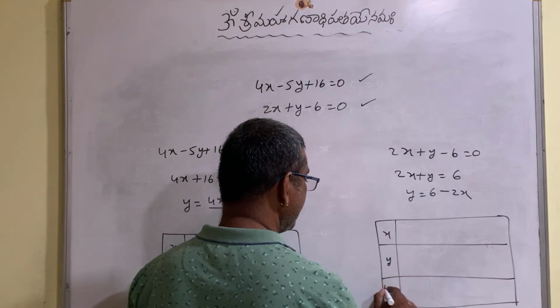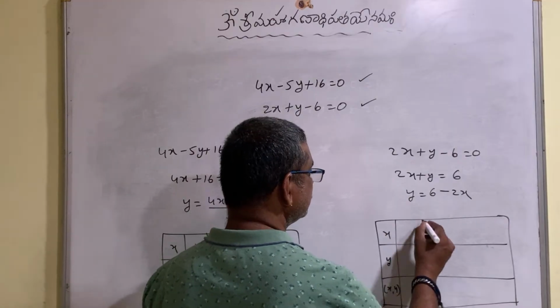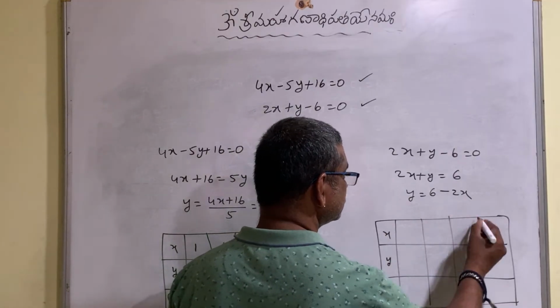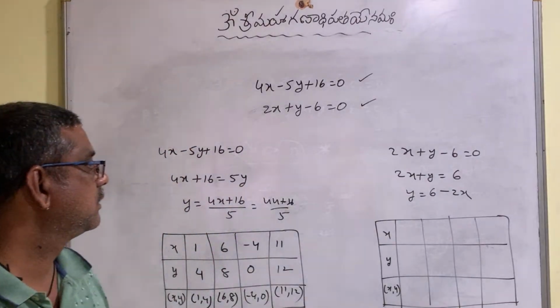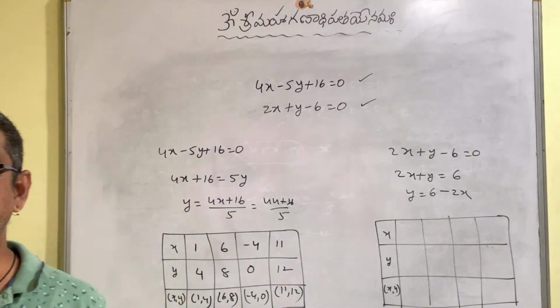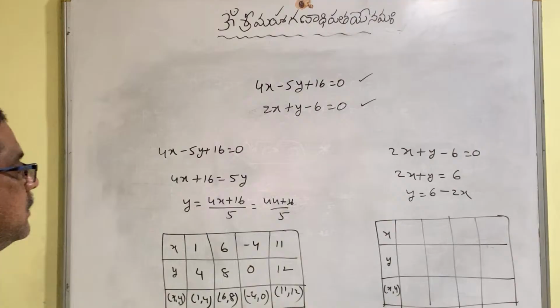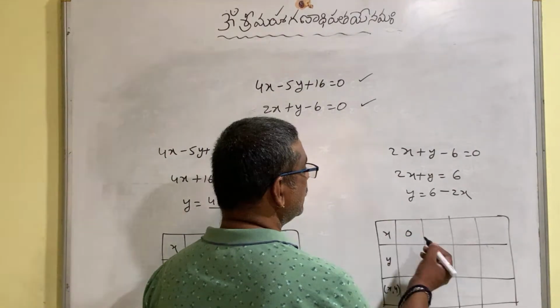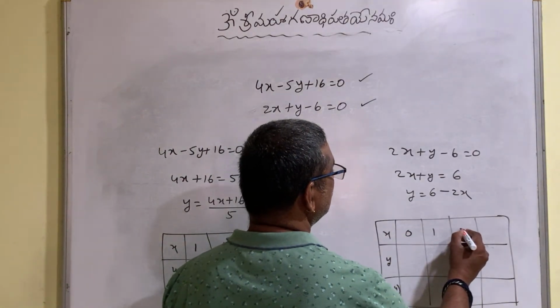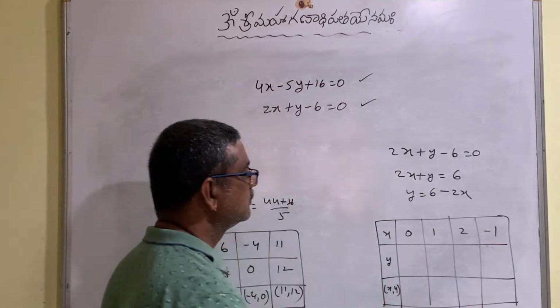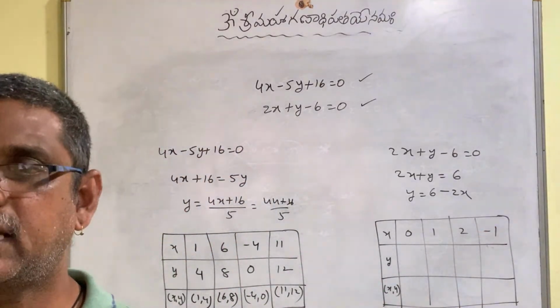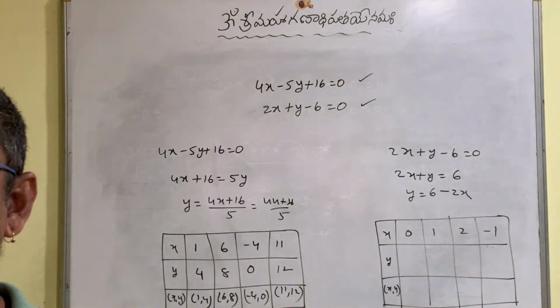x, y, (x, y). Give different values for x. Different values: 0, 1, 2, negative 1. Because in the second equation, there is no fraction.